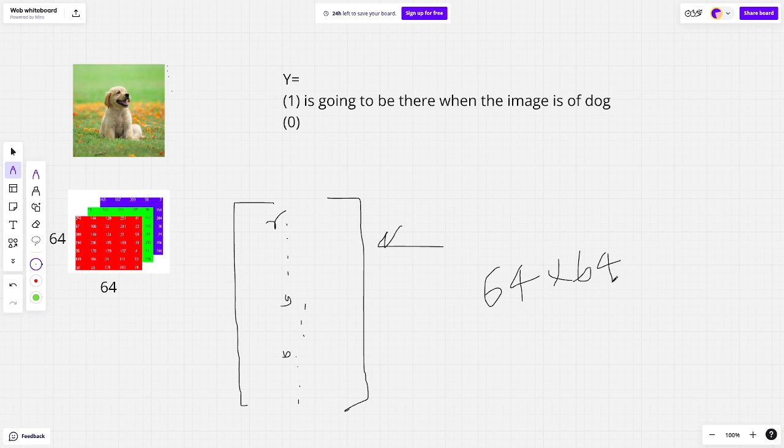The total dimension for this feature vector will be 64 times 64 times 3, which will be the number 12288.